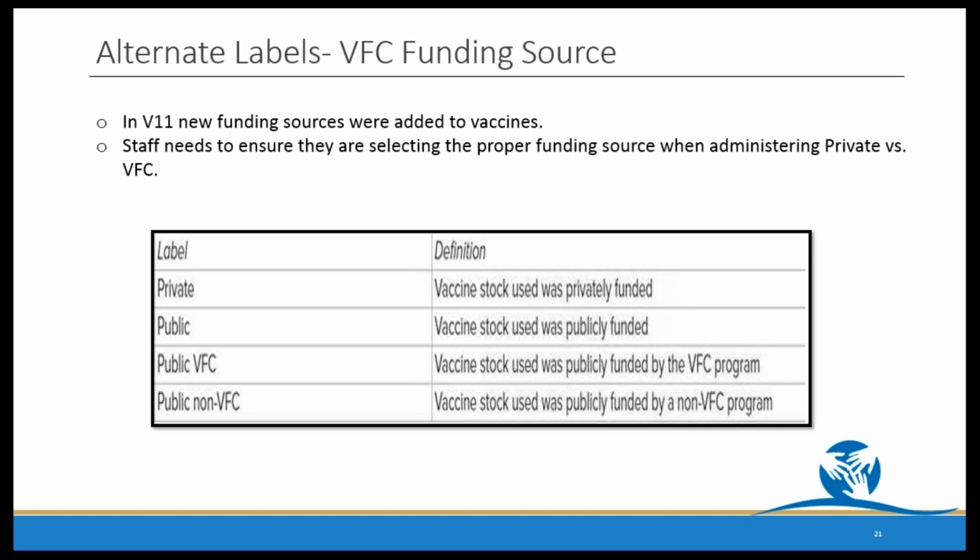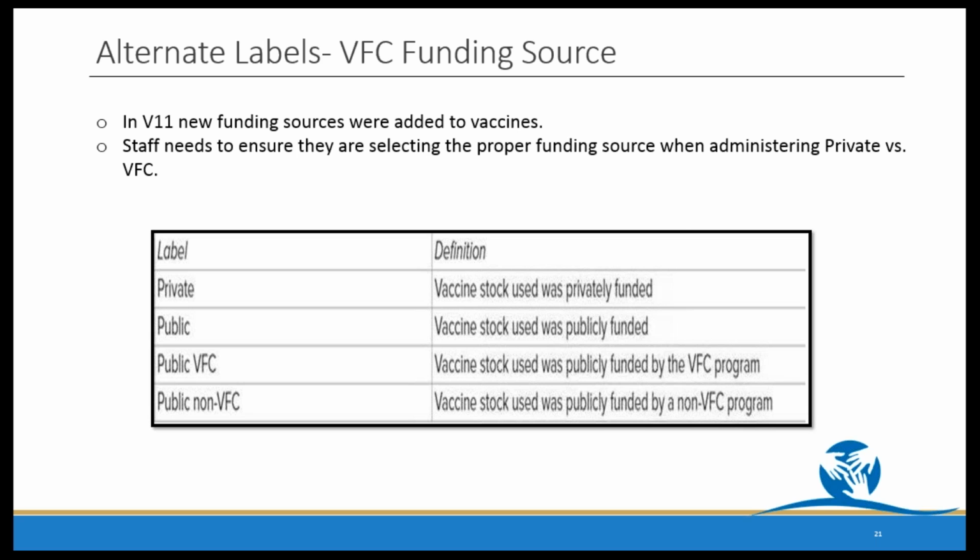So, and it's super important for all of the registries, but Florida Shots is now going to, if you put a child that was VFC eligible, so public VFC, and you put their funding source as private, it's going to go over to the registry.